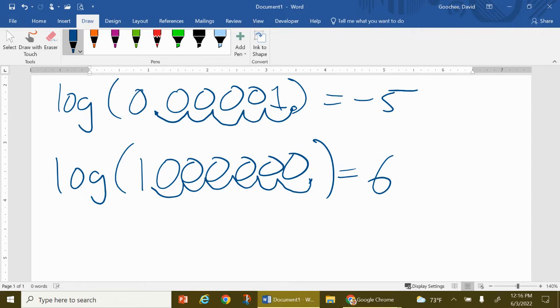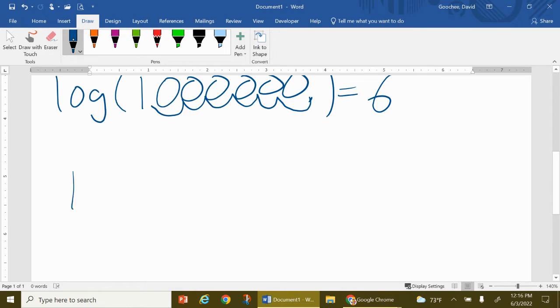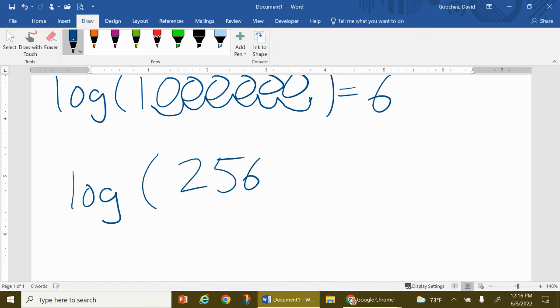But the wild thing about logs is that you could also do the logs of more complicated numbers. What is the log, for example, of 256,000? How many times would you have to bounce the decimal place to get it to be equal to 1?